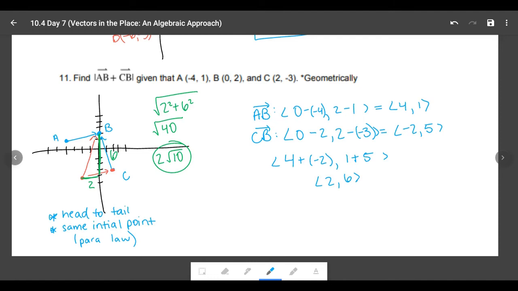And when I take the magnitude of that, that is simply going to be the square root of my i values squared plus the square of my j values. And lo and behold, that is what we just did. That simplifies to 2 root 10.